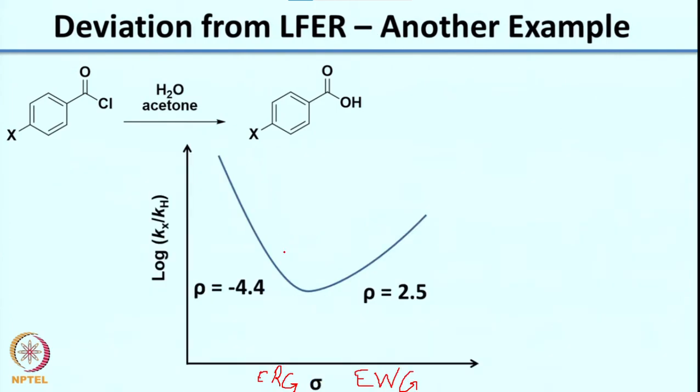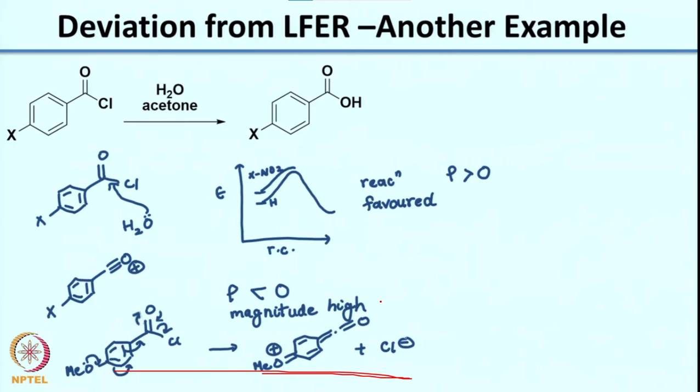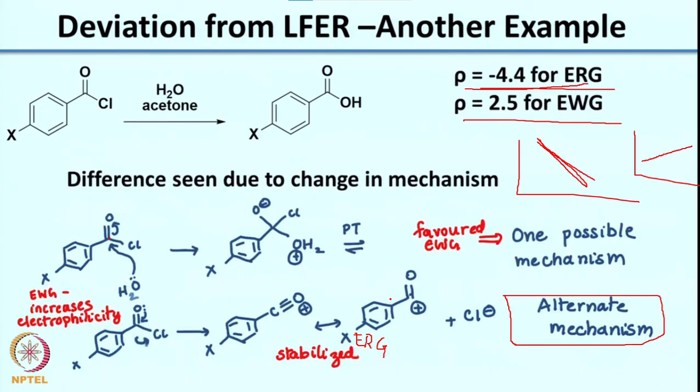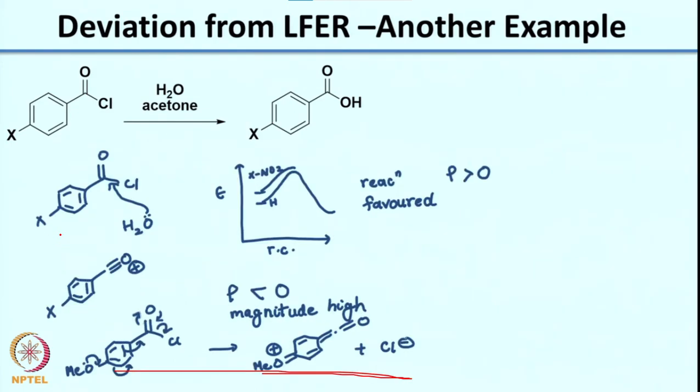Then we have discussed both the graphs, and we have observed this is the Hammett plot we observe for this reaction. The electron rich group will favor this second mechanism, while the electron withdrawing group will favor this mechanism, correct?